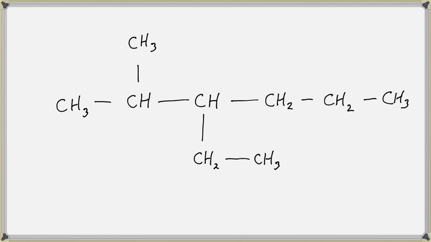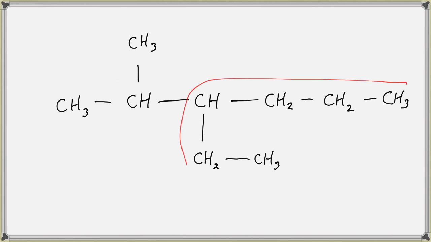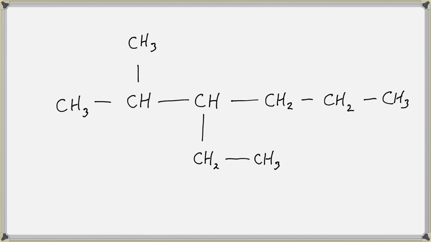The longest chain you can make here is 6. And I went this way, so that's our parent. Now there is another way to get 6 here, and that's if you said that this was the parent. The problem is that means that now I have to try to name this as a branch, and that's beyond what you're going to learn in Chem 30. So don't do it that way.